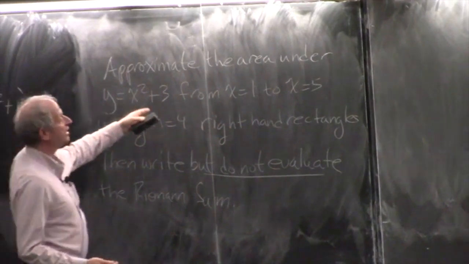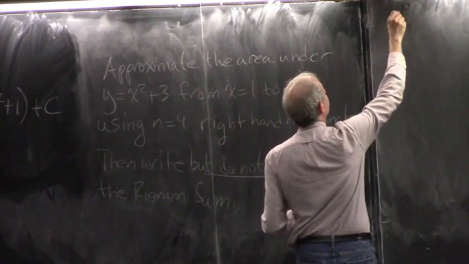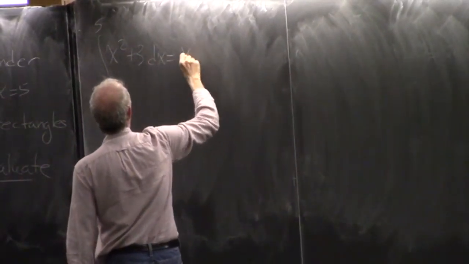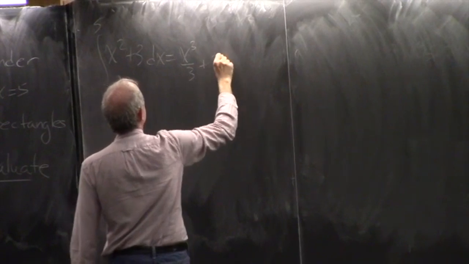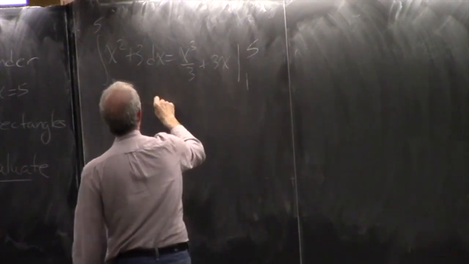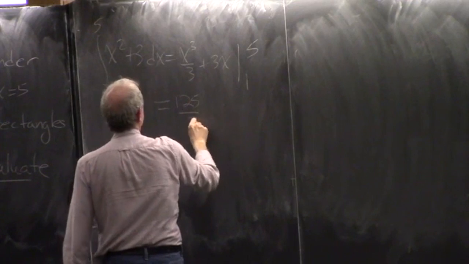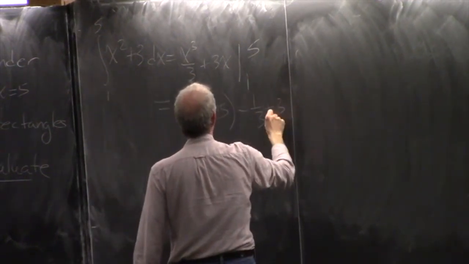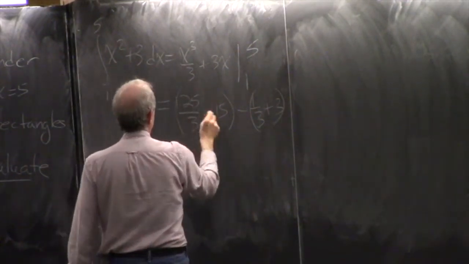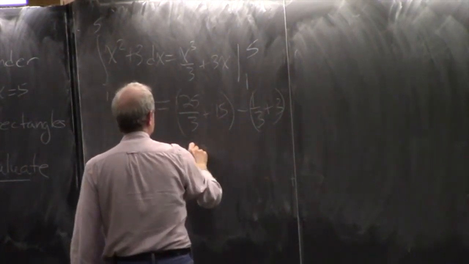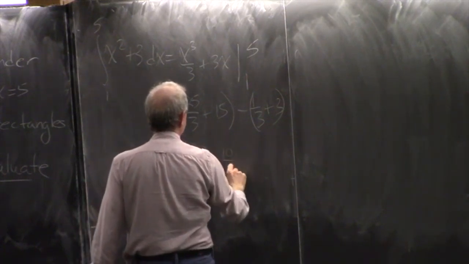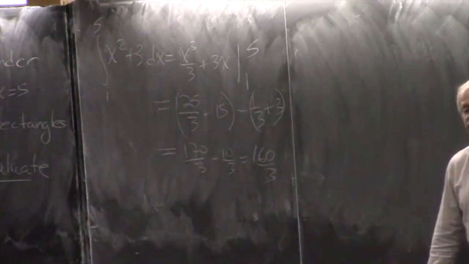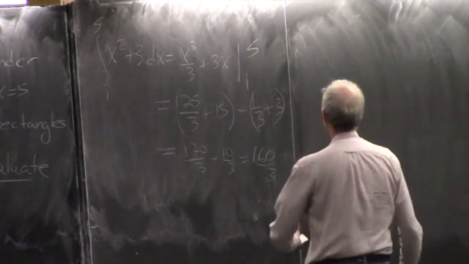Because the answer is just the integral from 1 to 5 of x squared plus 3 dx, which is x cubed over 3 plus 3x from 1 to 5, 125 over 3 plus 15, minus a third plus 3, which is 170 over 3, minus 10 over 3, 160 over 3. So when you do a problem like this, do the integral first so you know what you're dealing with.